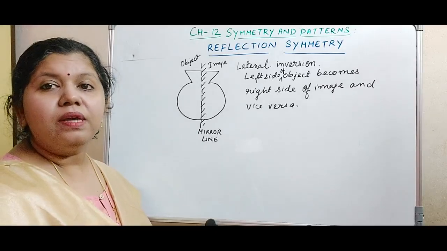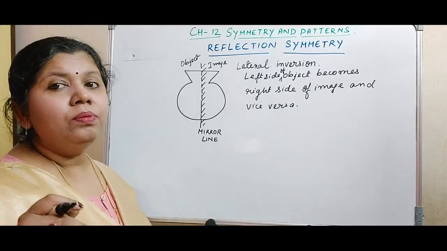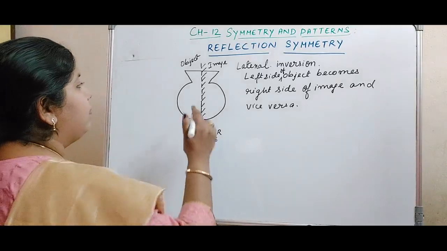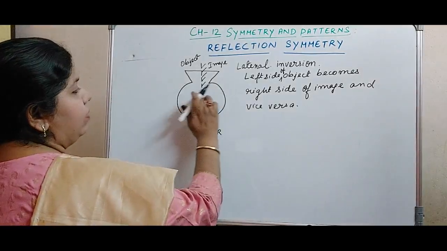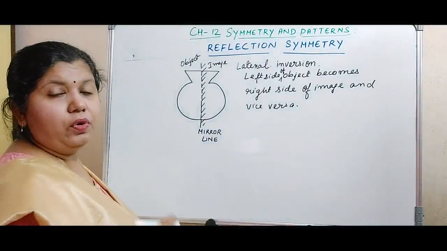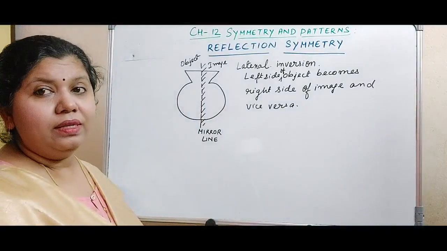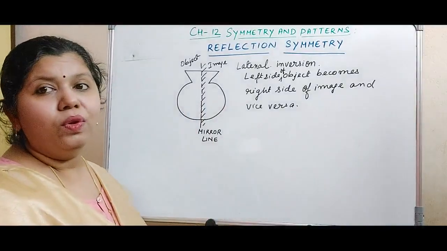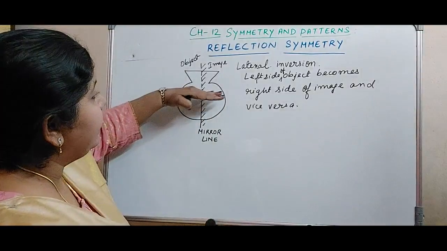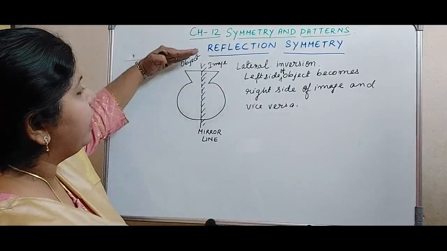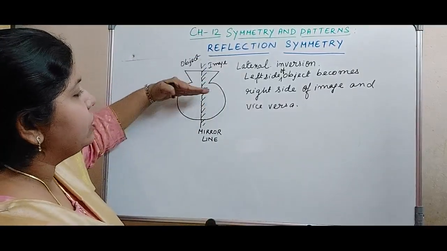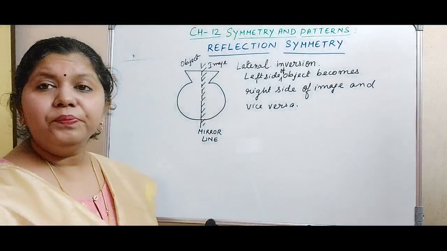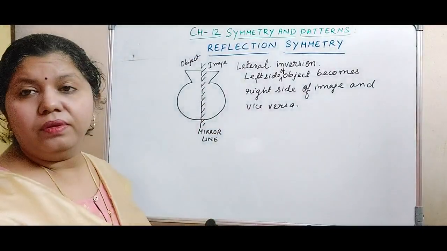Understood? So if you keep the mirror on this line, horizontally, for this particular figure, will you get the same shape? No, because horizontally this shape is not identical. The upper half is not the same as the lower half. Yes or no?